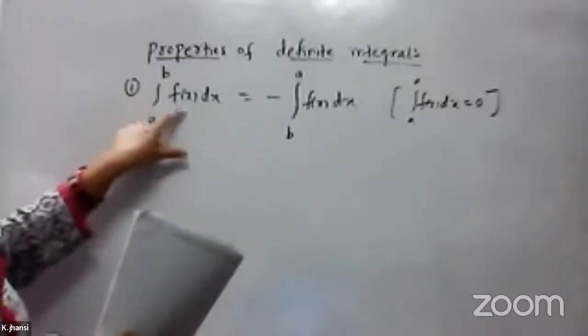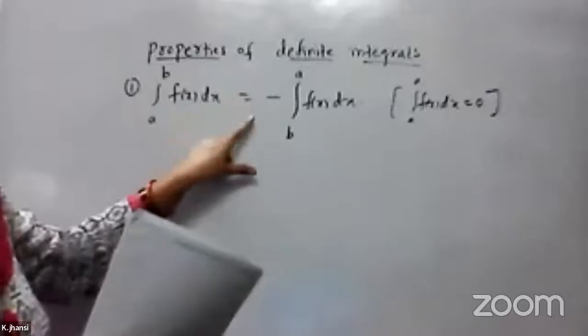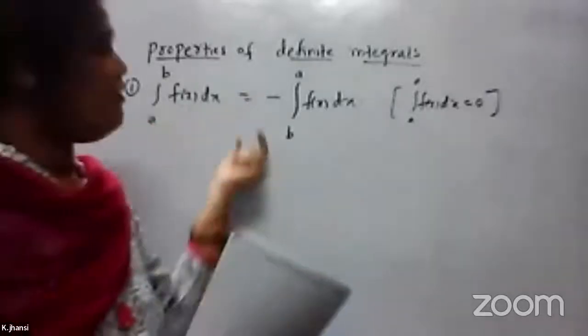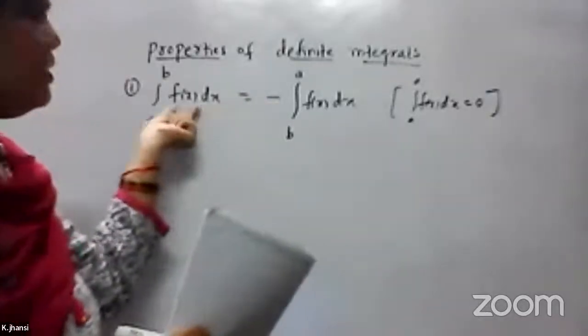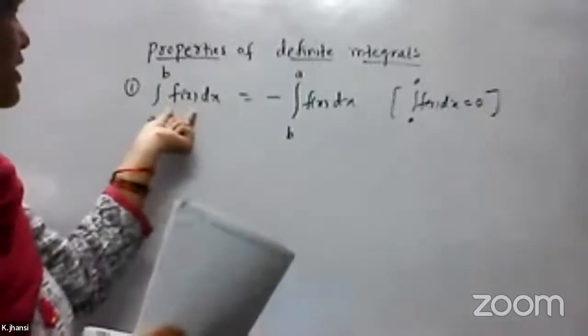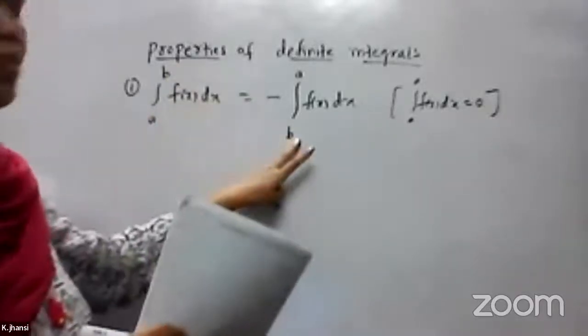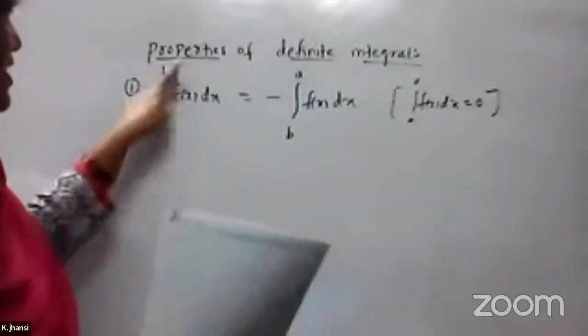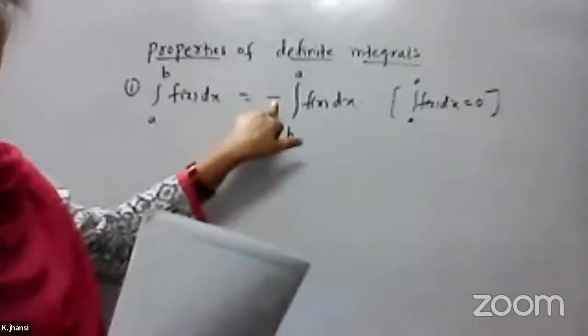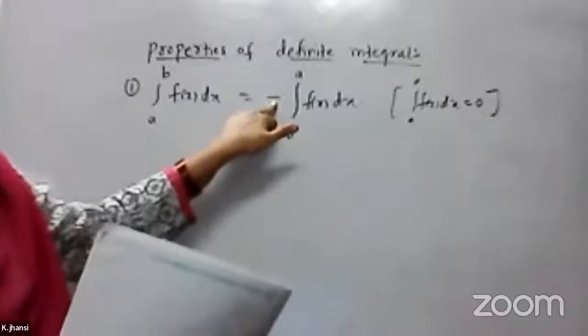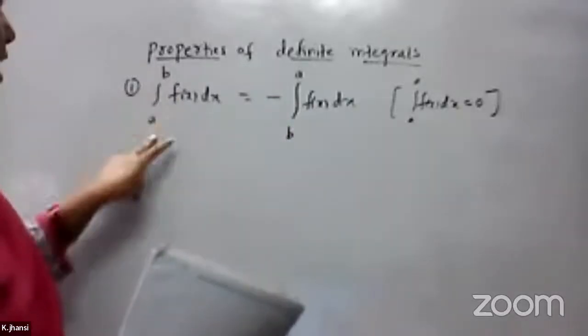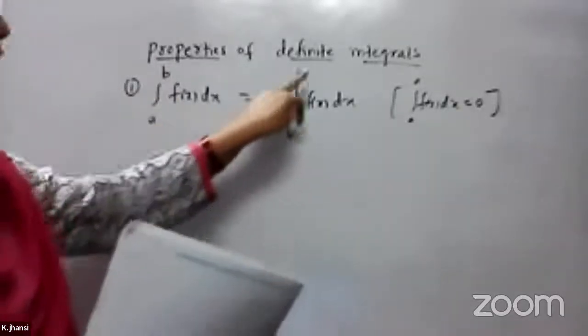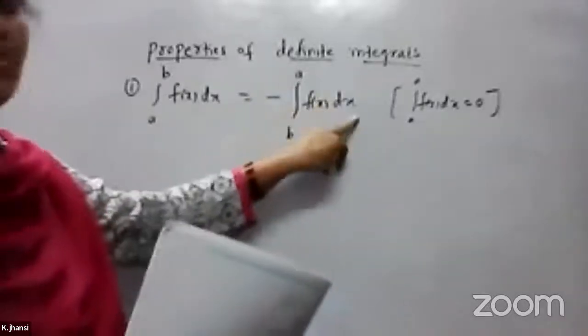So wherever necessary, we can change this one. Whatever this integration part is there, you can change the upper limit as lower limit and lower limit as upper limit. When you change those limits, it will become the negative sign. So when you are interchanging the limits, you have to put the negative sign and write the integral from b to a of f of x dx.